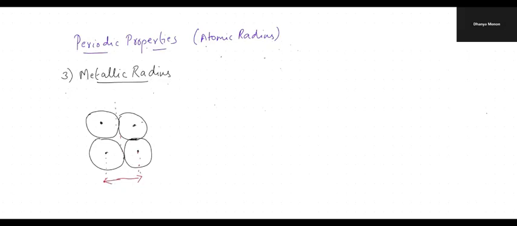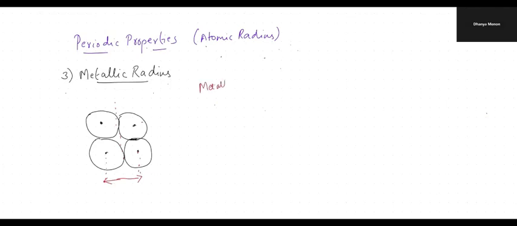Okay, students, the next atomic radius that we are going to learn is metallic radius. In case of metals, if I take an iron rod, or copper, any metal alone, they themselves cannot form a covalent bond or ionic bond, but they form a special type of bond which is called a metallic bond.